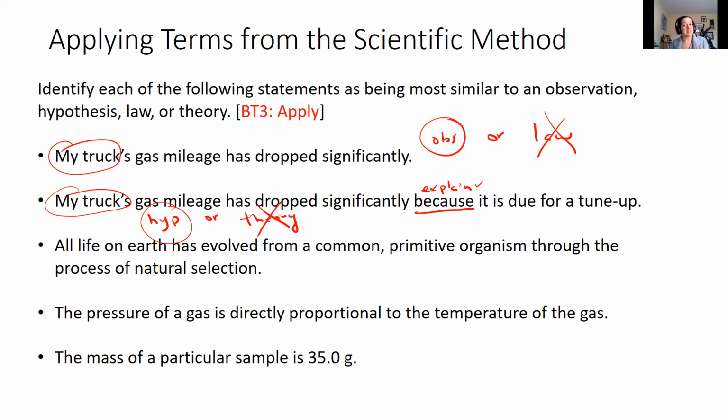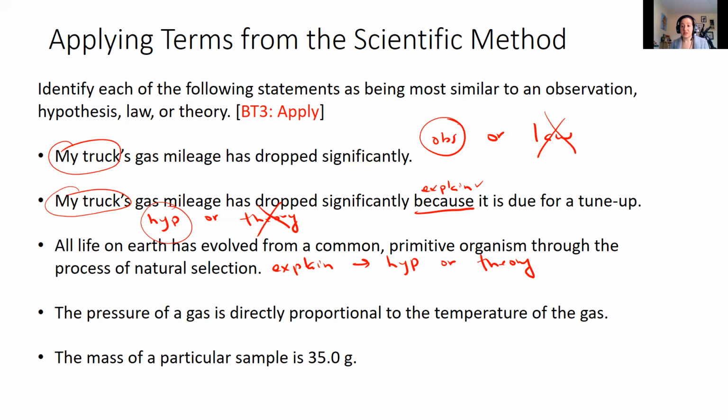So it's trying to explain how life changed from a common primitive organism through its current form, and it's through this process of natural selection. So this is an attempt to explain the process of natural selection is what caused all life on Earth to evolve. It's explaining, so therefore it is going to be either a hypothesis or it is going to be a theory.